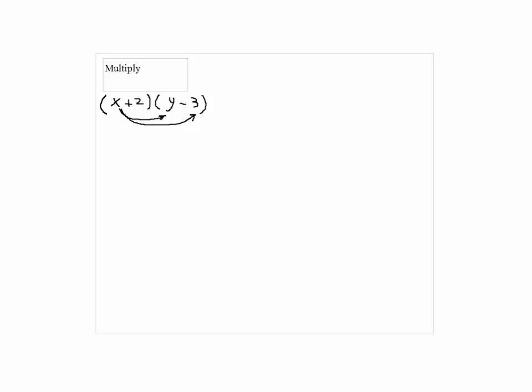Multiply x plus 2 times y minus 3. Here we multiply x by each term in the second parentheses. We would get x times y, or xy, minus 3x.